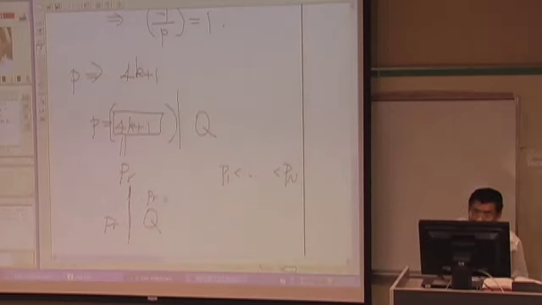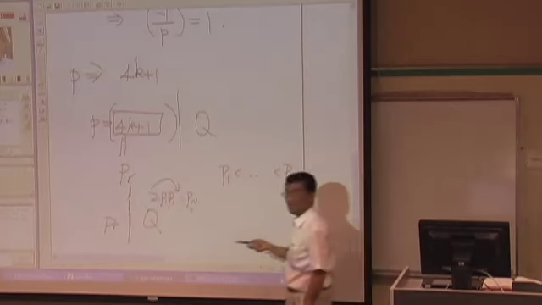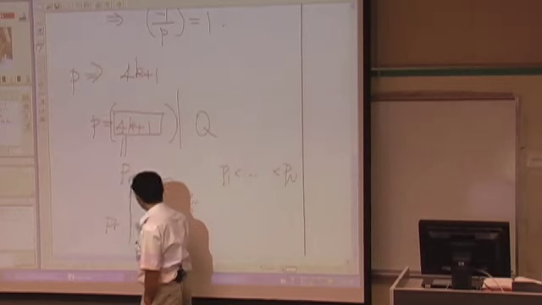In other words, Pr divides P1, P2, all the way up to Pn, and we can put this Pr in, and even 2. So Pr divides both Q and this product. Do you see it or not?